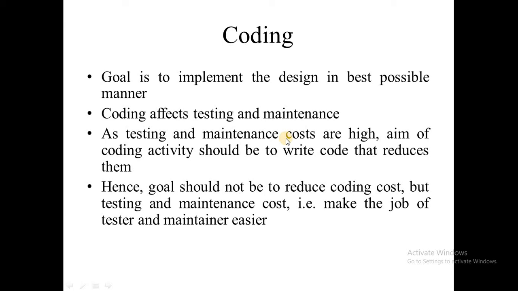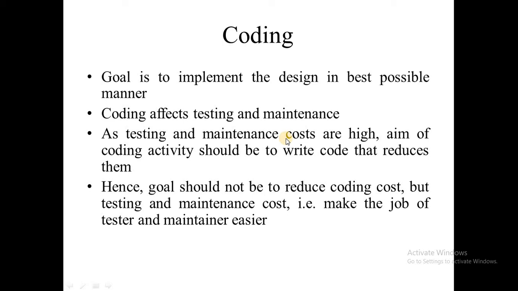So it indirectly leads to financial loss, I mean to say cost, in the testing and maintenance phases. Testing and maintenance costs will be higher if any technical issues happen in the coding step. So as testing and maintenance costs are high, the aim of the coding activity should be to write code that reduces them.